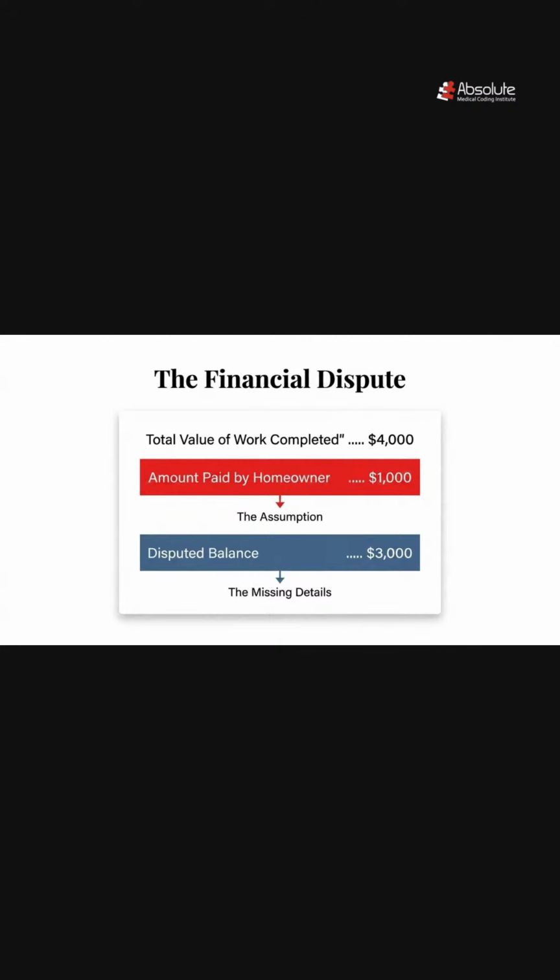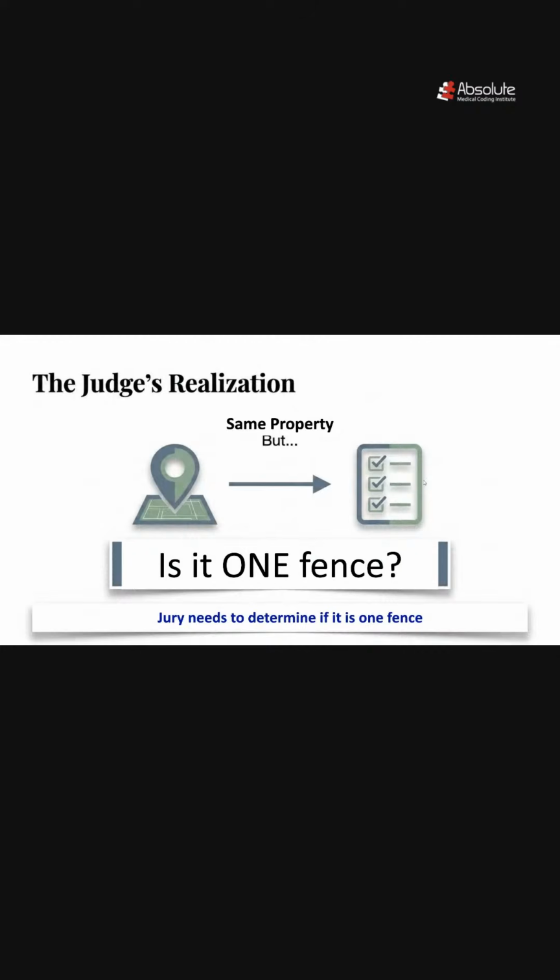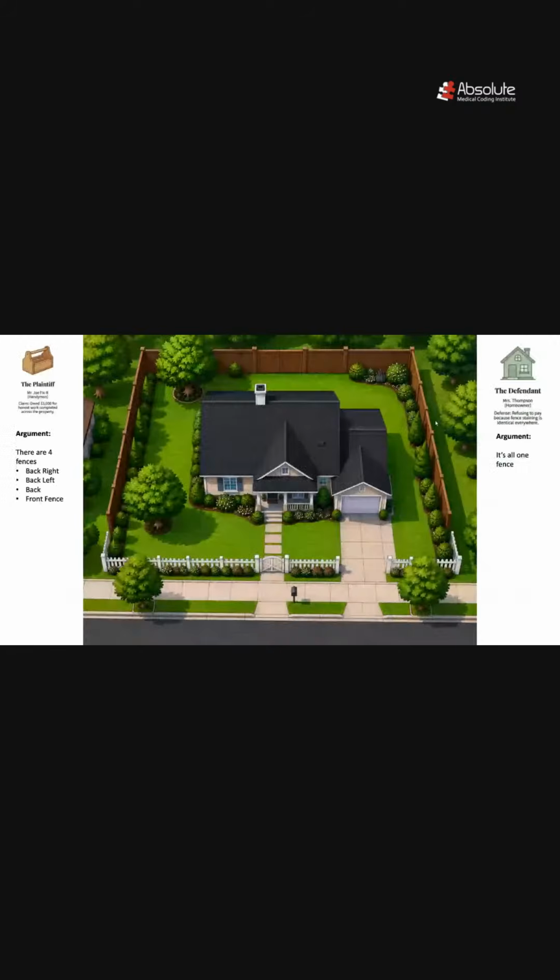And Mrs. Thompson said, hey, I only got one fence, so I gave you $1,000. So the judge said, hey, is it one fence? So what I did was I used that one fence scenario to kind of explain that modifiers say that one fence is different, right?